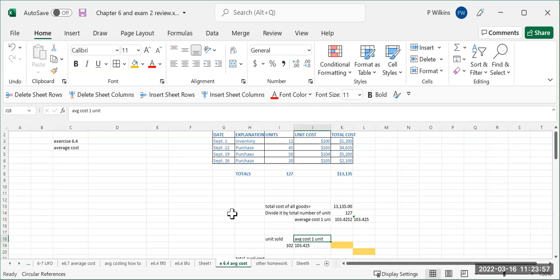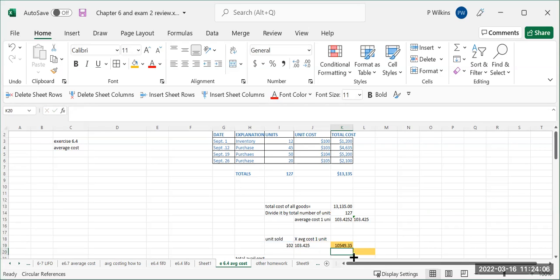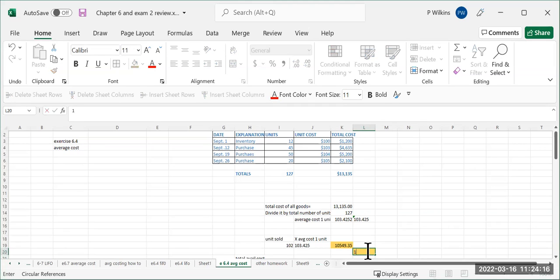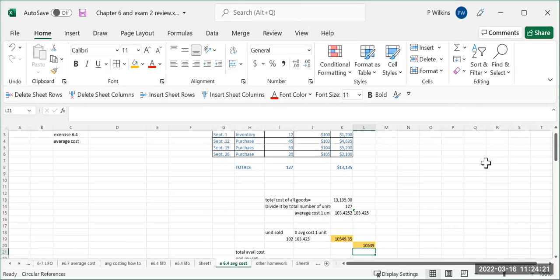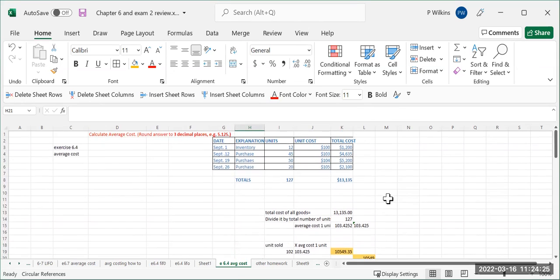So we want to multiply the units sold by the average cost of one unit. We're going to get 102 times 103.425, which is 10,549.35, but we use whole numbers in the answers. So it's going to be 10,549. That is the cost of goods sold for 6.4.